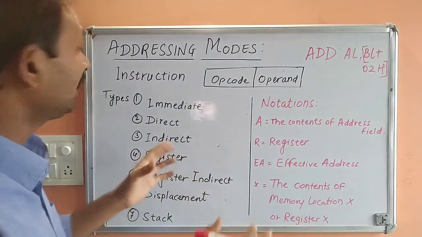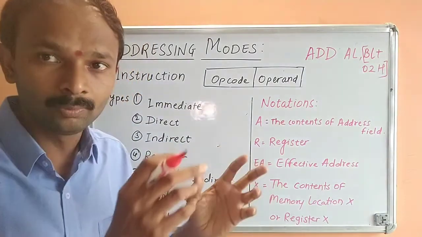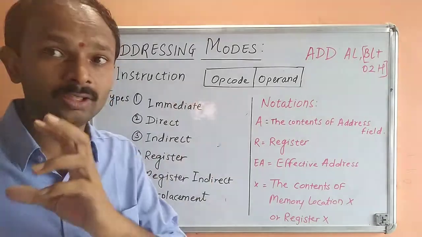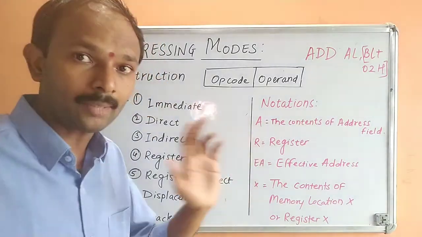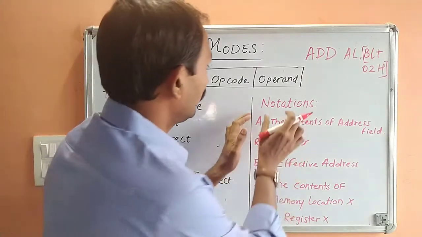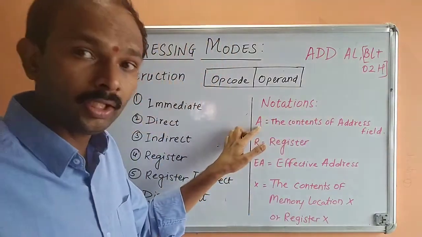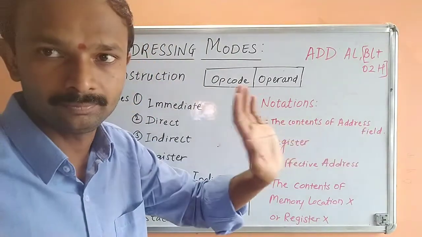While understanding the addressing modes, we will study all of them in detail. Before that, in all the addressing modes we are going to use some notations, which are mentioned here. The first notation is A. A means the contents of the address field.